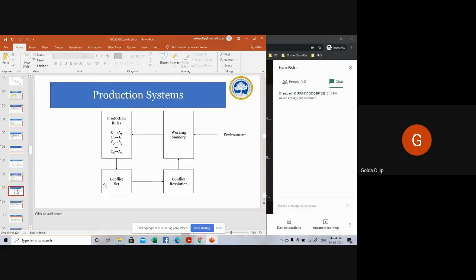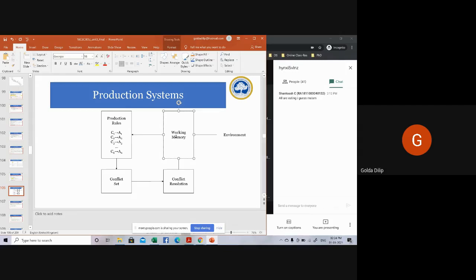So this is how a production system looks. You can see here the working memory is being initialized. The current state will be maintained as a set of patterns, say A1, A2, or whatever patterns are in the working memory.